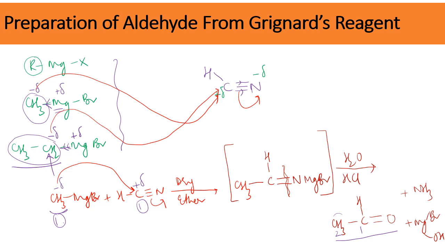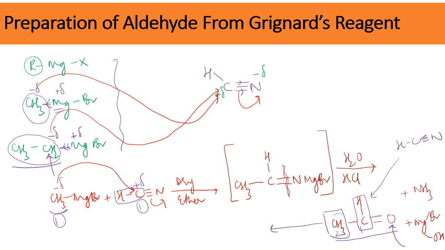Chemically, what you are supposed to remember is that this HC part of hydrogen cyanide is still intact here. This is the part which is coming from hydrogen cyanide after the loss of nitrogen, right? And oxygen we are getting from water hydrolysis, and this methyl we are getting from the Grignard reagent.